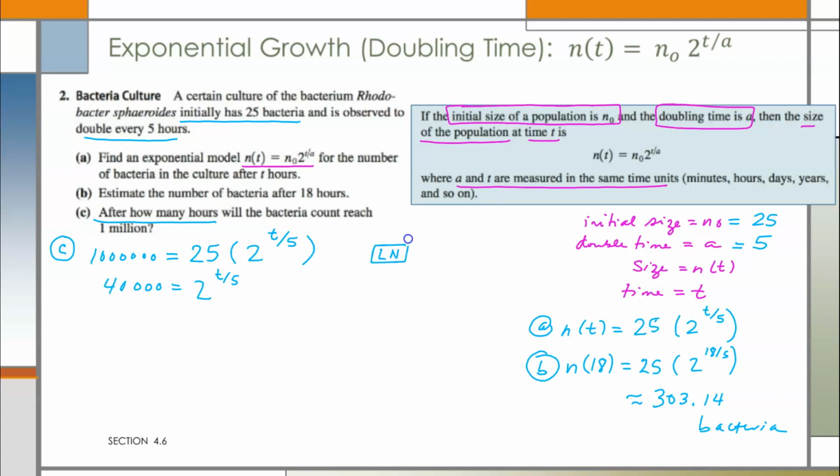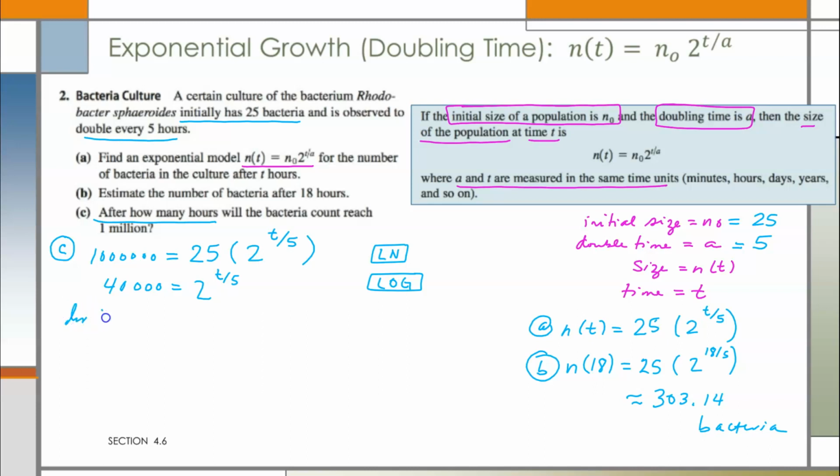We're either going to do base e, ln, or base 10, log. We're choosing these bases because I know I'm going to have to plug this into my calculator. It doesn't matter which one you choose. I like ln, but if you like log, you would log both sides. If you like ln, you would ln both sides.